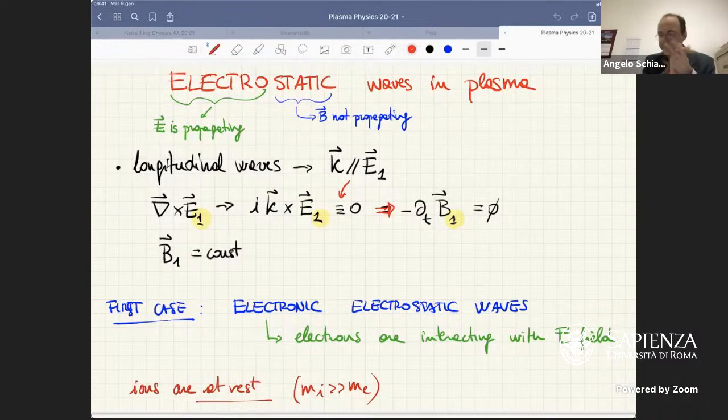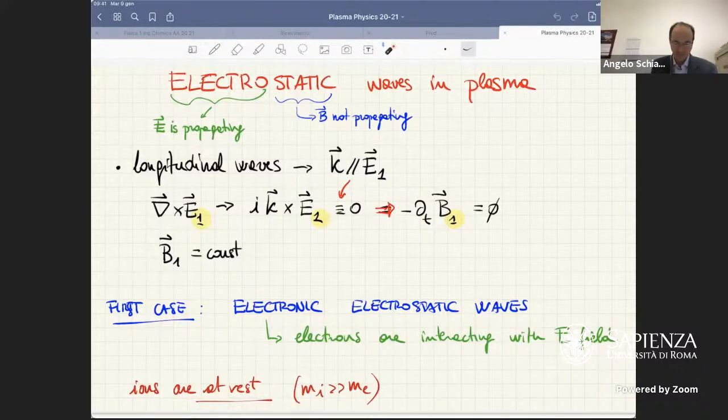Waves in plasma. We've been looking last Friday at electrostatic waves. So we start from there, briefly recapitulating what we were seeing.